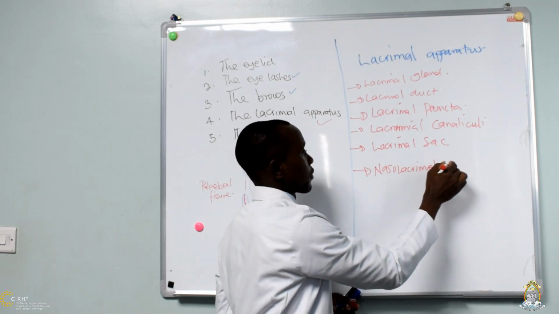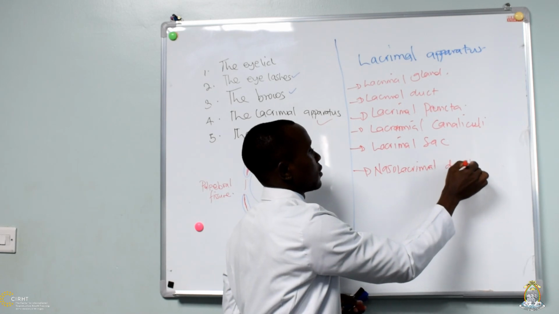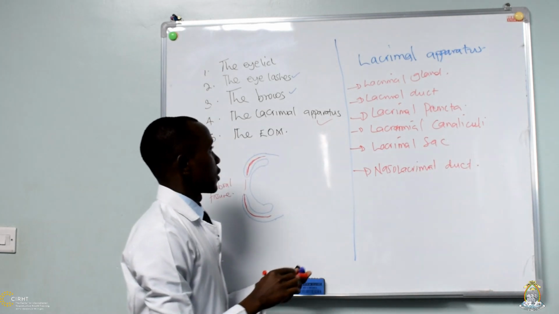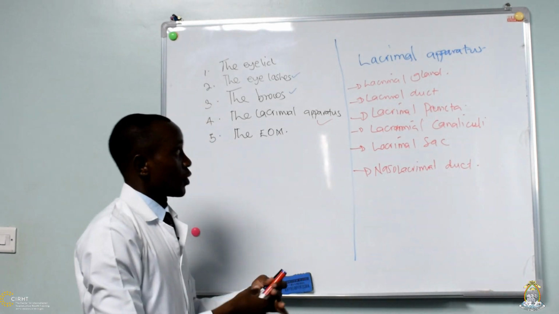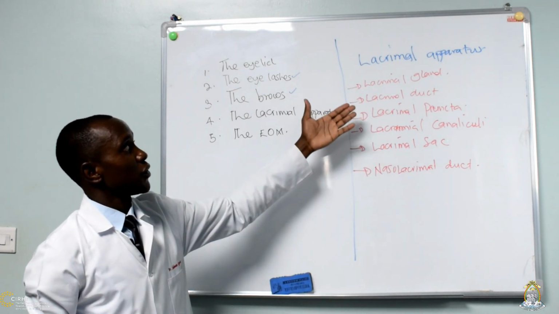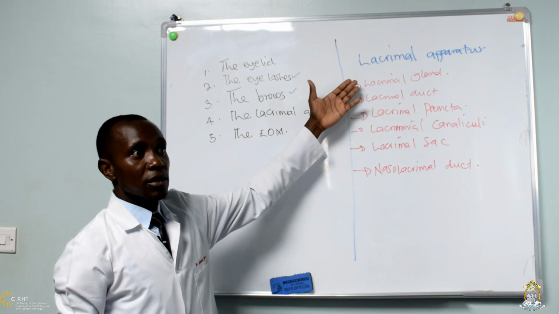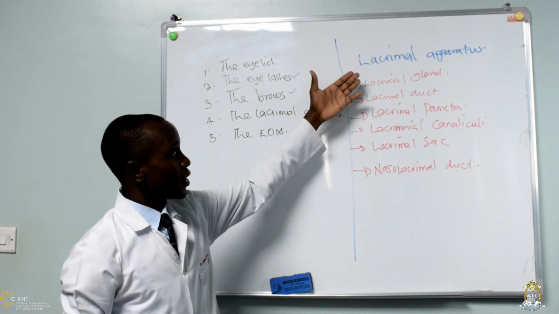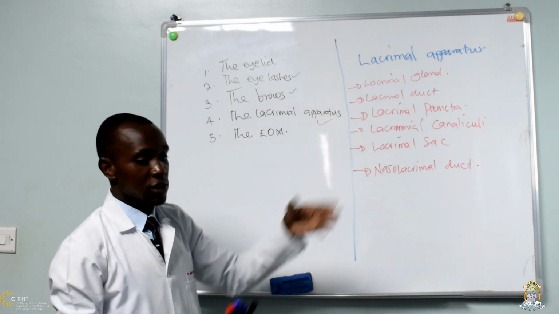All of this collectively makes up the lacrimal apparatus, and it marks the point where the tears, or lacrimal fluid, are produced and their drainage point.